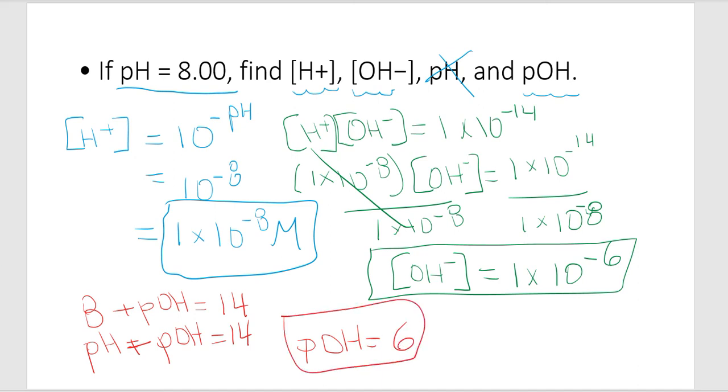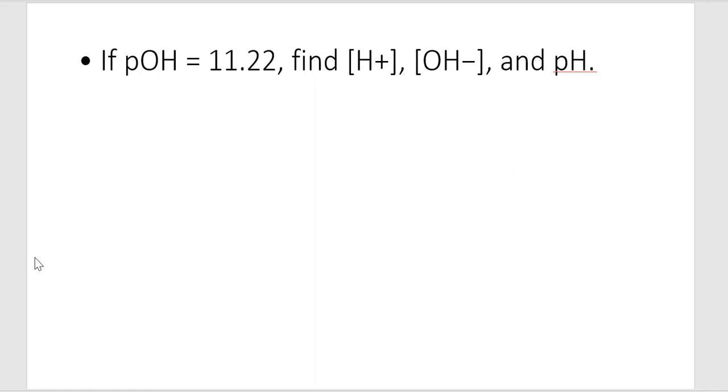Alright, last example. If the pOH is equal to 11.22, we want to find each of the other variables. So in this case, we're starting at the bottom right of our chart, and we're going to try to work our way around. The first thing I would like to do is find pH. And again, there's no right or wrong way of where to start.